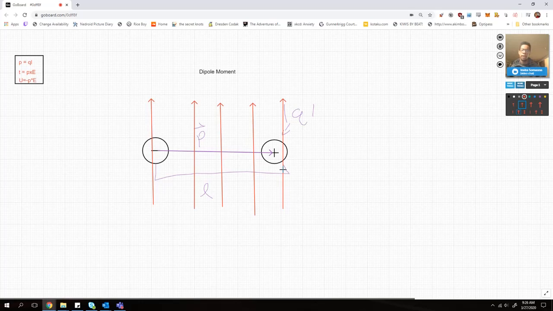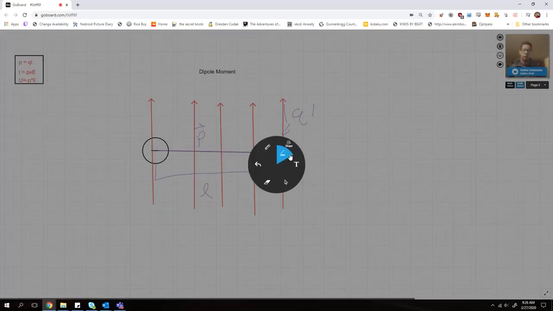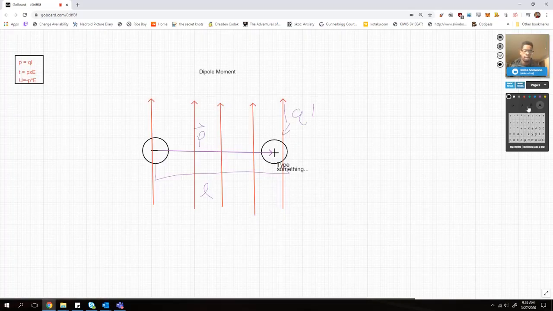Now, what's going to happen is that since an electron is in an electric field, we can remember that our equation for an electron or any charged particle in an electric field is F equals the charge of our electron or particle times the strength of our electric field. So this particle in an electric field is going to feel a force, which is what this equation states.